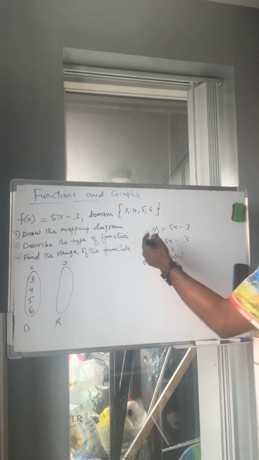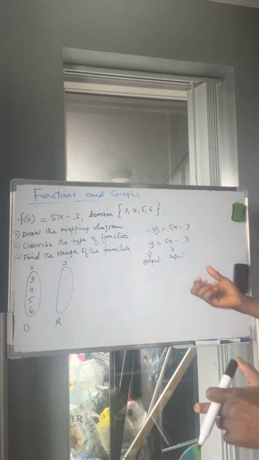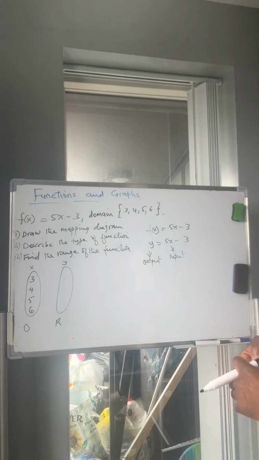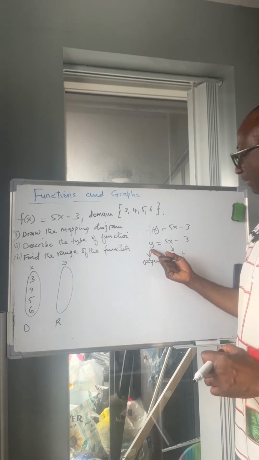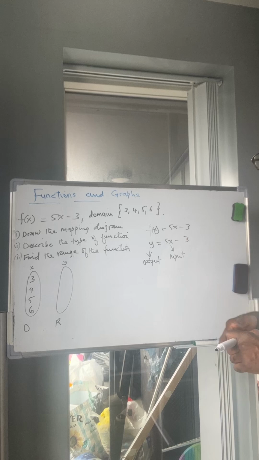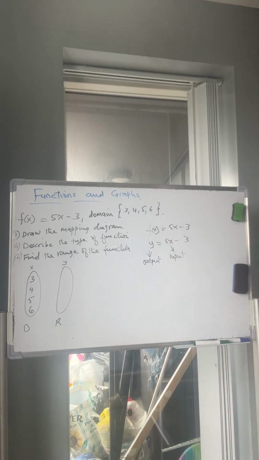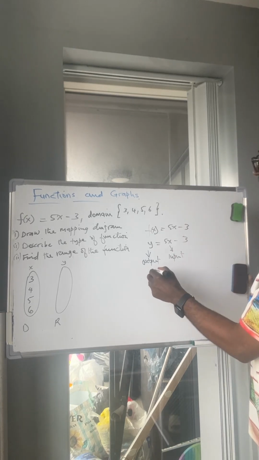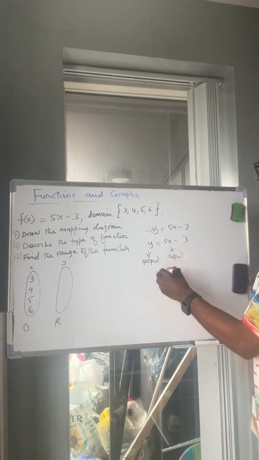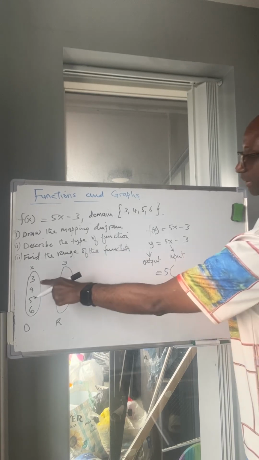Now, we want to find y, the output. This is your dependent variable, and this is your independent variable. We are asked to calculate the dependent variable, which is y. Looking at the function, we don't know what y is, but we know 5x, and the x is 3.